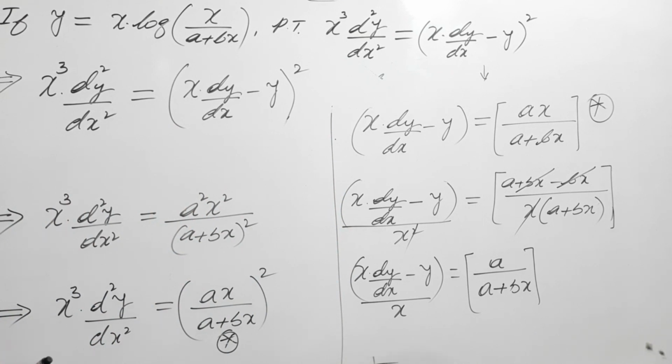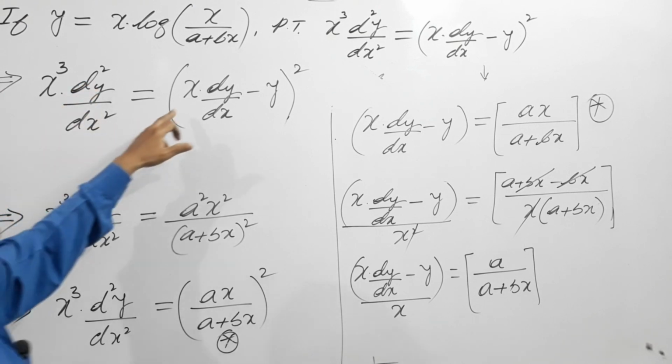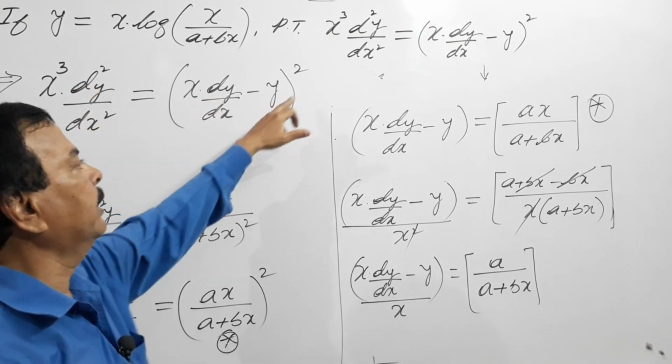What he wants? x cube into d square y by dx square should equal x into dy by dx minus y the whole square.